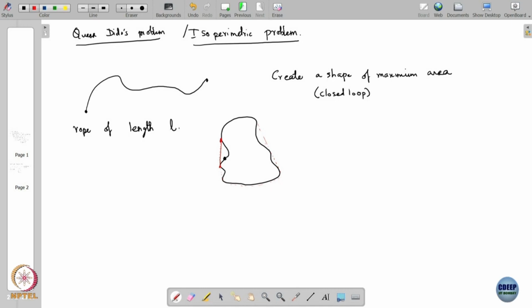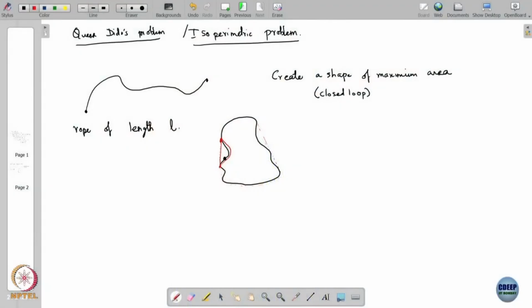Whereas the black part which the rope has taken has to therefore be longer. So instead of doing this, if I simply let the rope follow the straight line path, then I would have used less of the rope and increased the area.